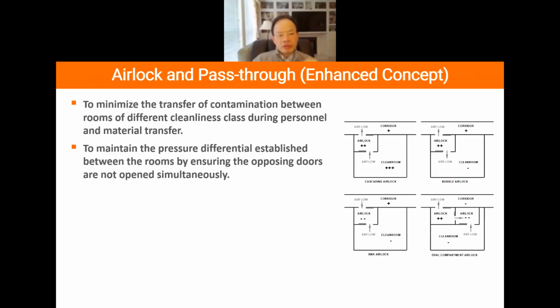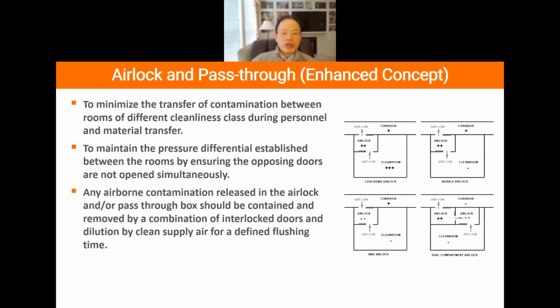But in this standard, they specifically say you cannot open the 2 doors at the same time, either by interlock or by some electronic means, such as a different light, red, yellow, green. If it is red or yellow, the second door cannot be opened until it turns green. So this standard puts in more specific language.